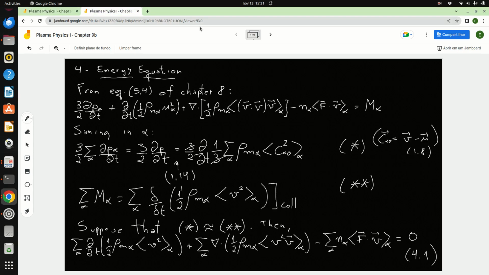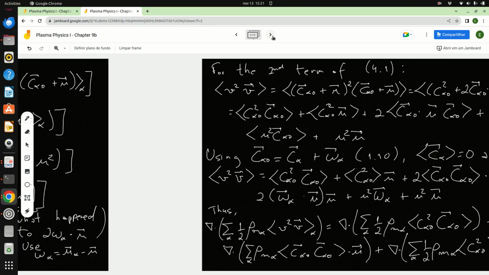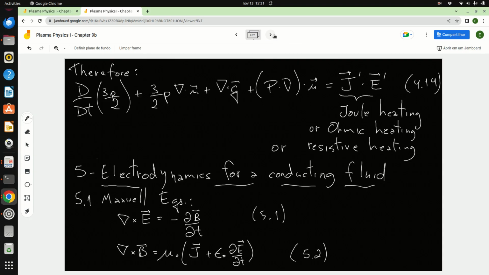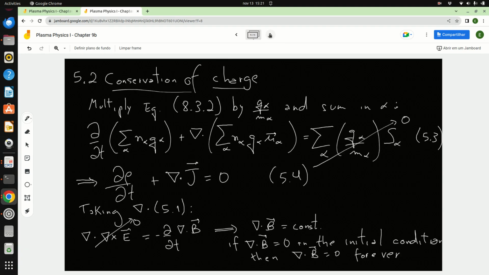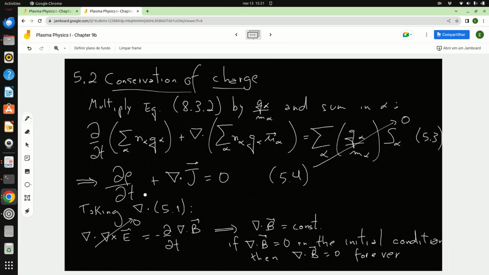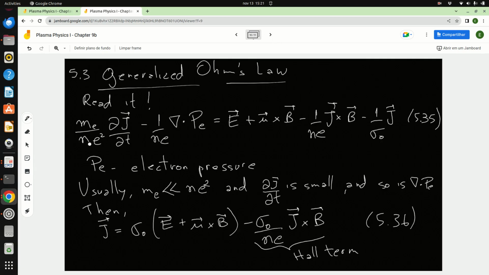Then 4.14, energy equation. Then we have 5.1. Where is it? 5.1 here. 5.1, 5.2, 5.4, and 5.35 here.